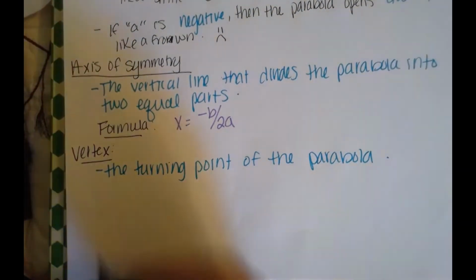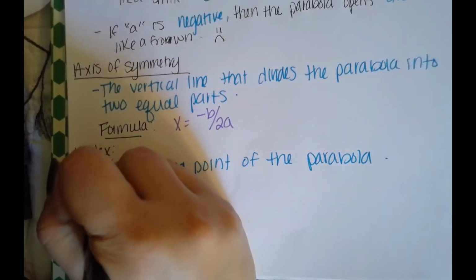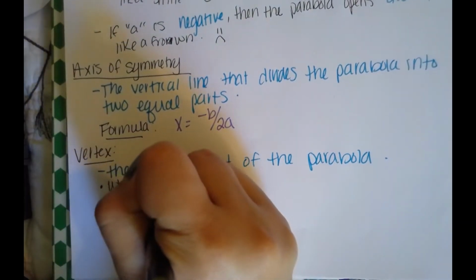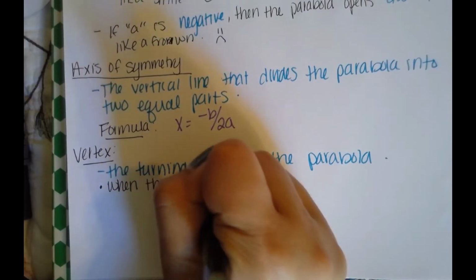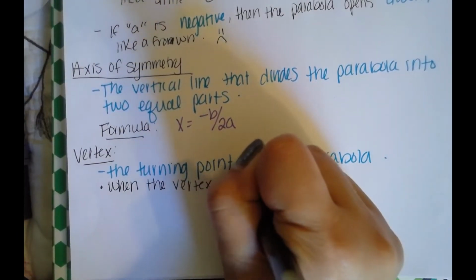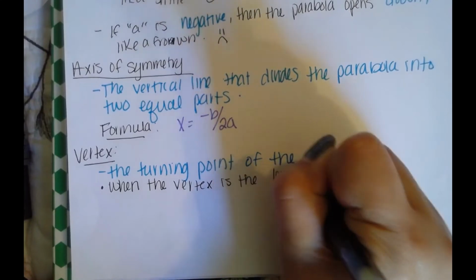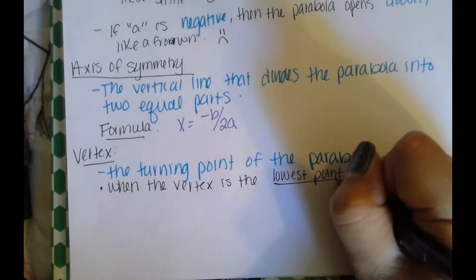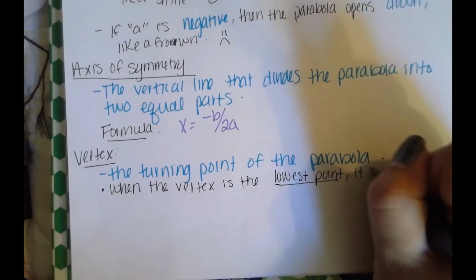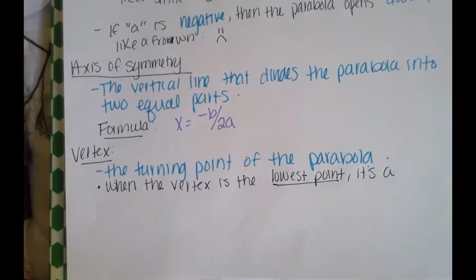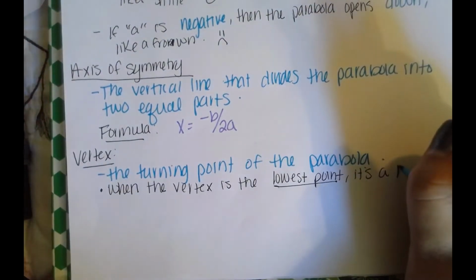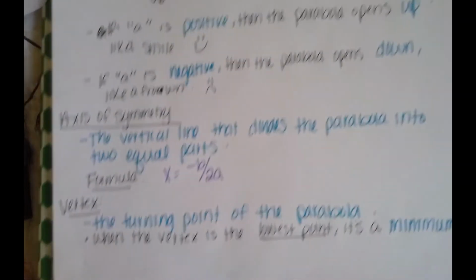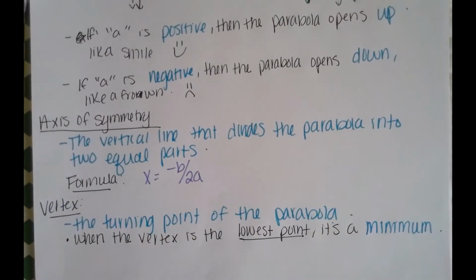One thing to know about it is when the vertex is at its lowest, it's called a minimum. So your vertex is right when it's the turning point of your parabola.